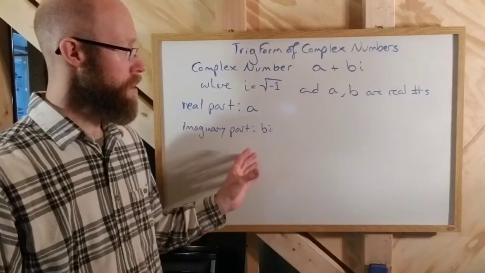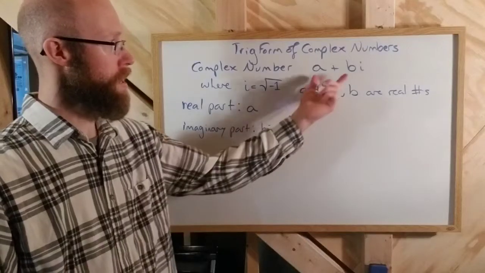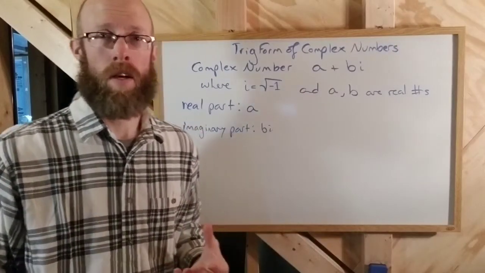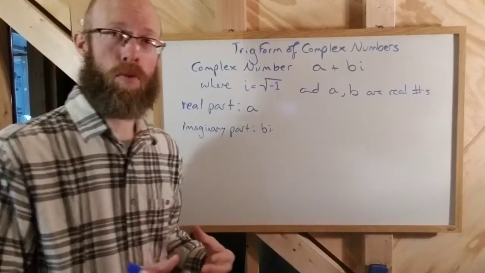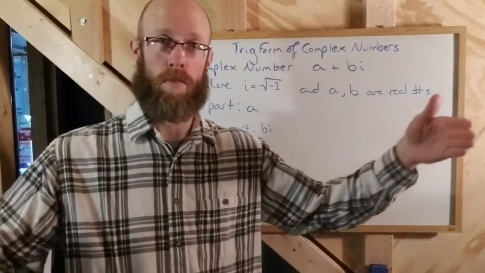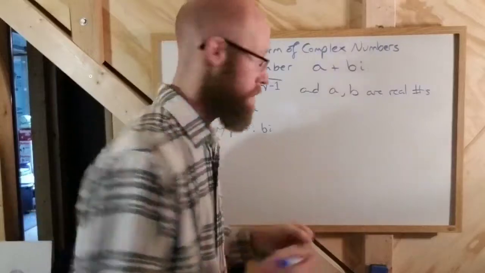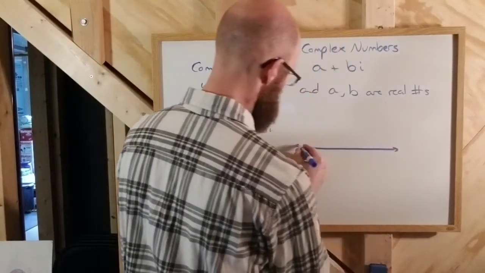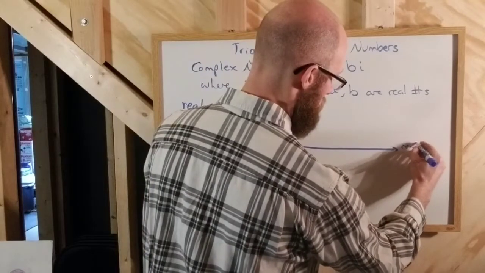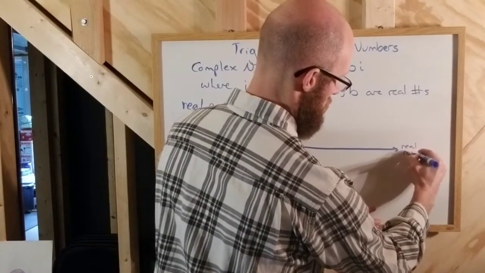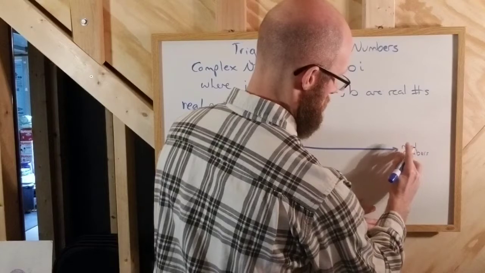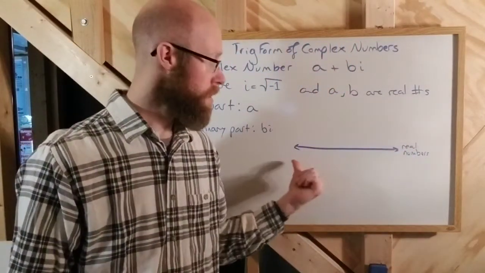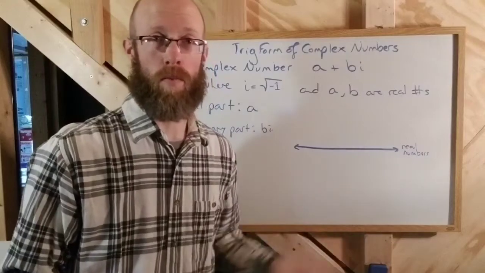So we can represent complex numbers on a graph just like any number. Generally, a real number goes on a number line between -infinity and infinity. That's the real number line, and any real number can go on it.